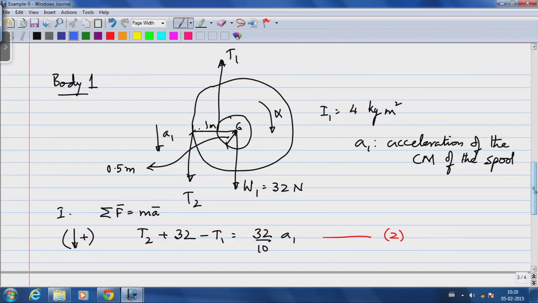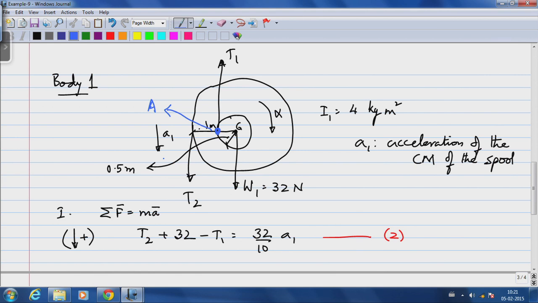The first equation would come from studying this point of contact. So, if I now look at what is happening at that point of contact, and I will designate that as A. If this spool is unwinding an angle theta, then the center of mass will move down a distance r1 times theta, where r1 is this number 0.5.